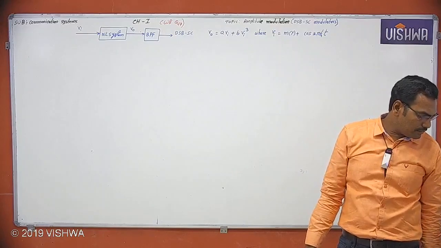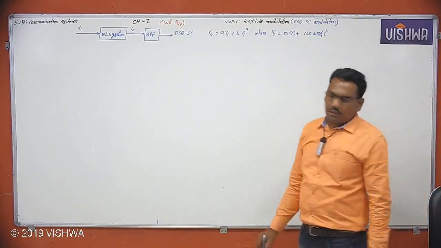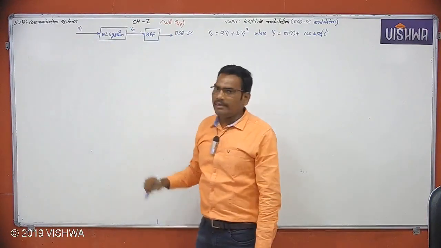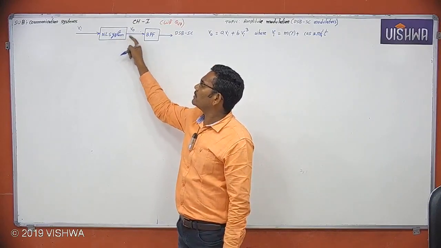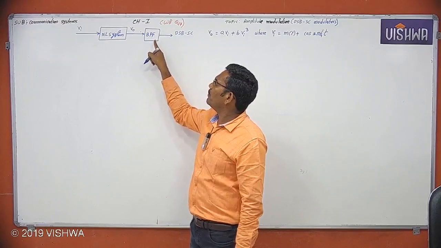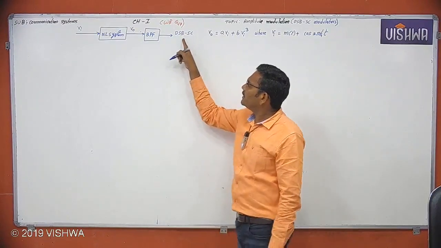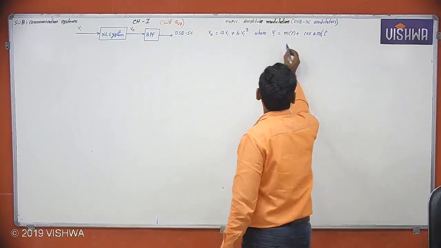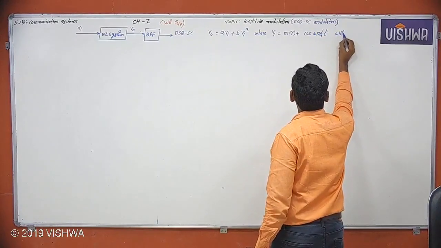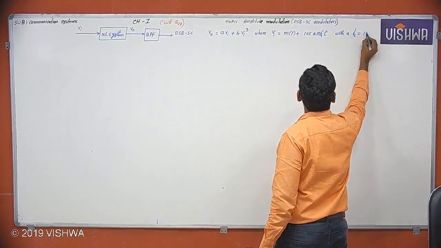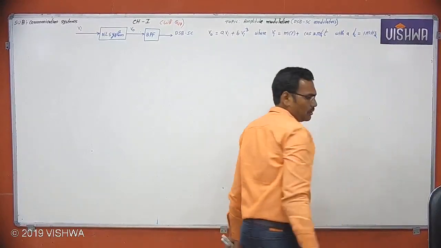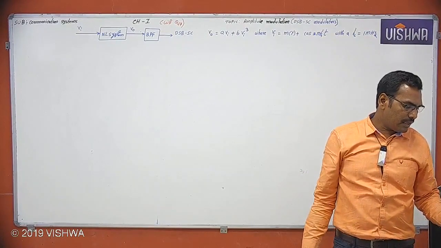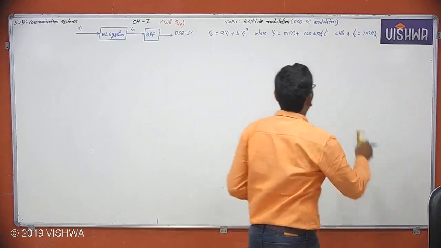Now the question is, the output of the nonlinear system is passing through a band pass filter to select a DSBSC signal with a carrier frequency of 1 megahertz.